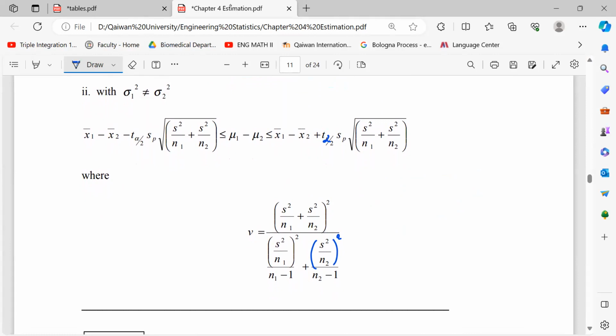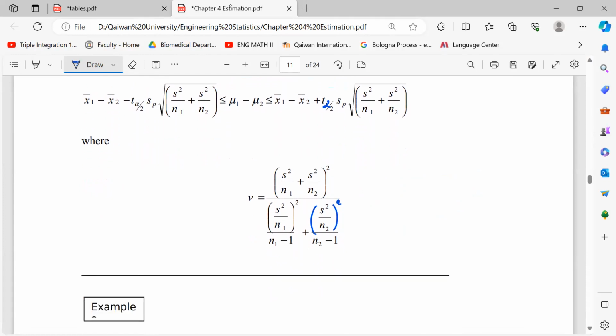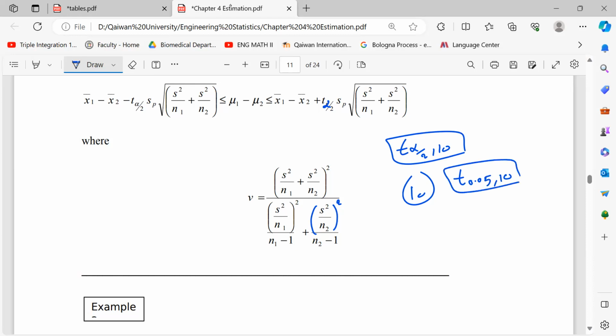For example, V here is, let's say, 10. This is the degree of freedom. We need to find T of alpha over 2 and 10. Let's say alpha over 2 is 0.05. If this is 0.05, we need to find T of 0.05 and 10.